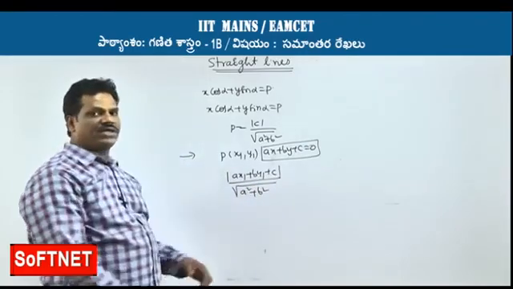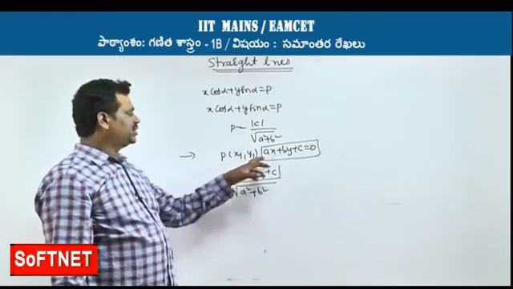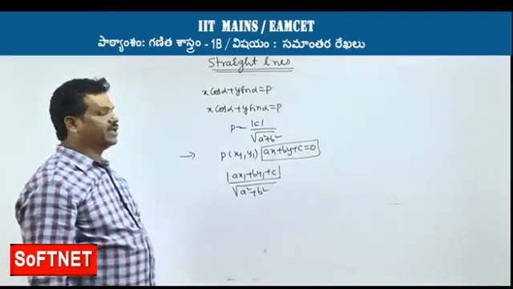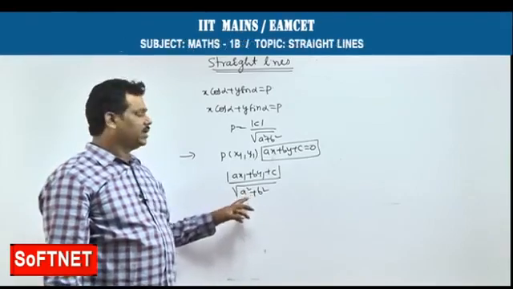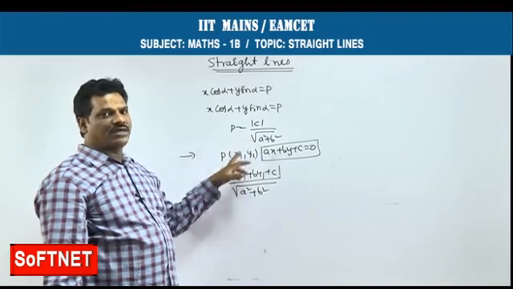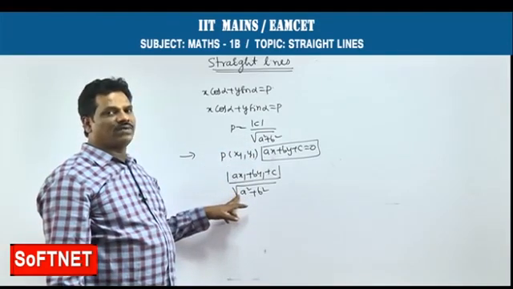The perpendicular distance from the point P of x1 comma y1 to the straight line ax plus by plus c equal to 0 is mod of ax1 plus by1 plus c by under root a square plus b square. This is a very important problem. This one is the perpendicular distance from the origin to the straight line, and this is the perpendicular distance from the point P of x1 comma y1 to the straight line.